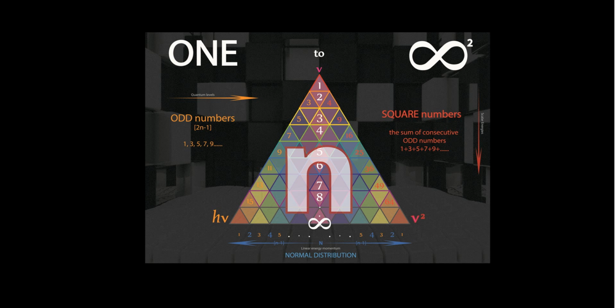And we also have a normal distribution or a bell curve, albeit equilateral, arising from these numbers and their addition. That is to say, if we were to go to an infinity squared scalar energy field containing infinity squared number of Planck quanta, they would form a distribution going from one Planck quanta here up to a maximum amplitude of n, or infinity, and back down to 1.